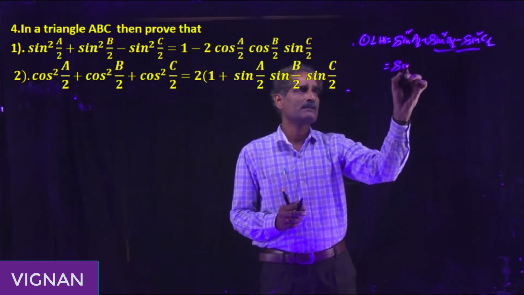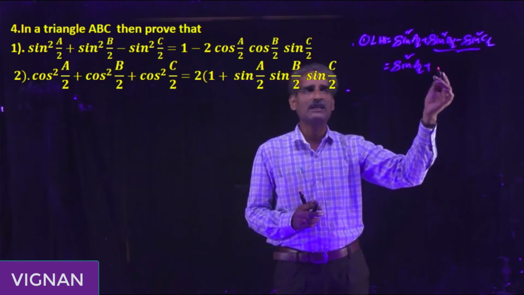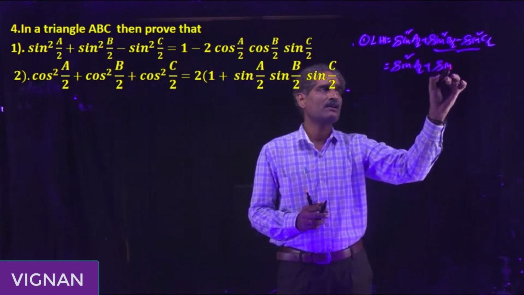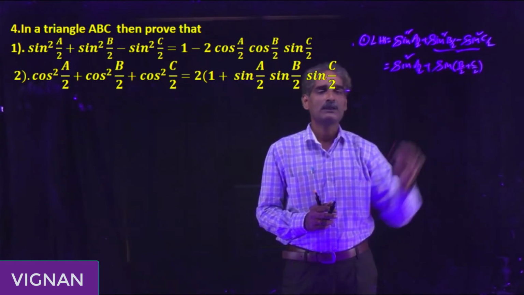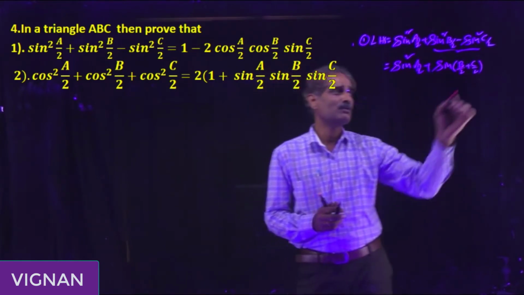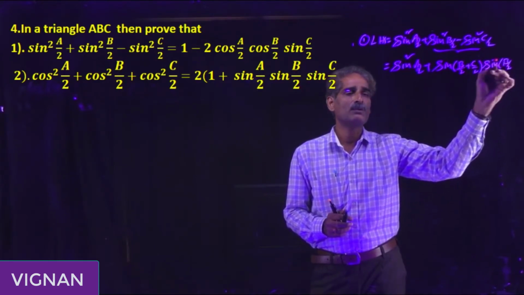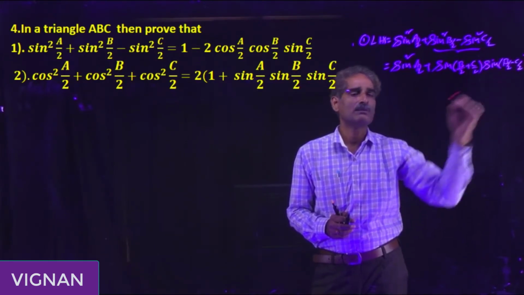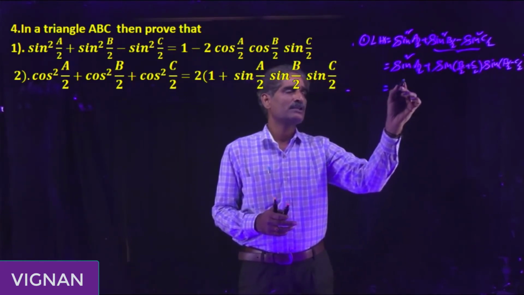So then we get sin square A by 2 plus sin of (B by 2 plus C by 2) into sin of (B by 2 minus C by 2). Okay, so next observe this.